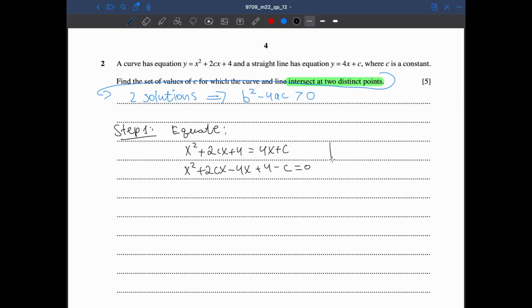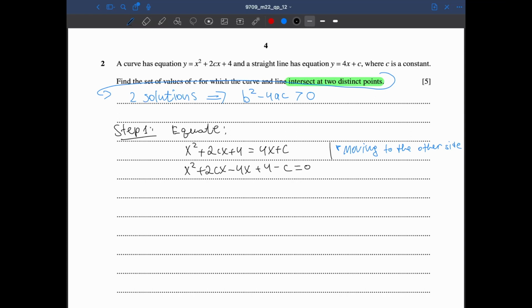So what we're doing here is, let's make a note, moving to the other side. All right? So now let's group common things.